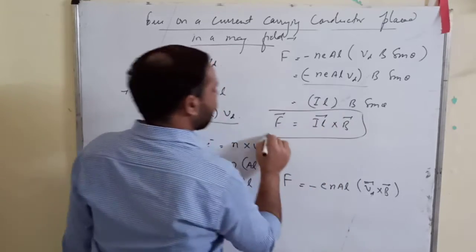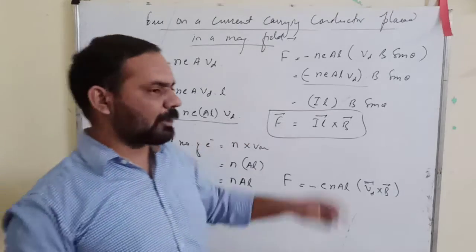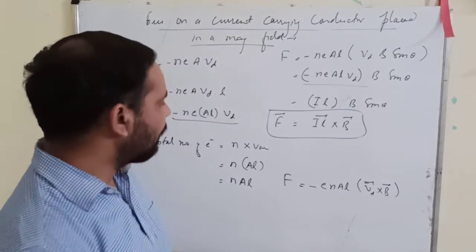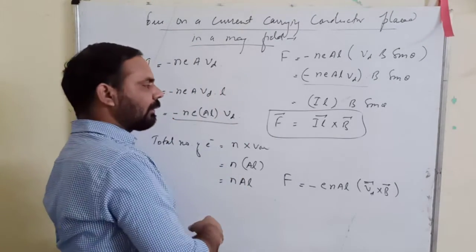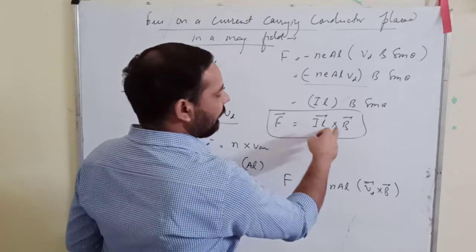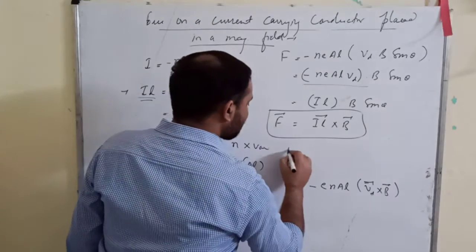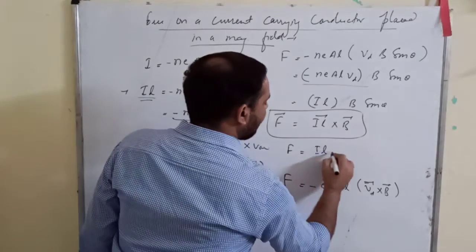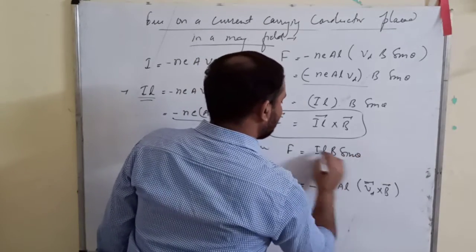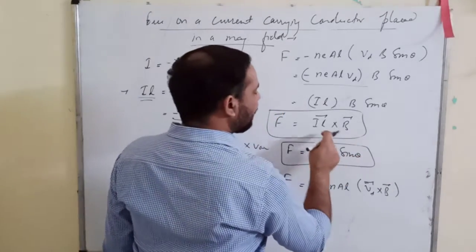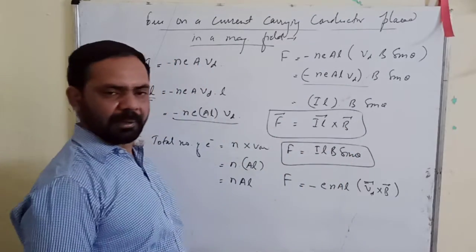This is equal to the F vector. The total force experienced by the current carrying conductor will be equal to IL vector cross B vector, or in terms of magnitude it will be ILB sin theta, where theta is the angle between IL vector and B vector.